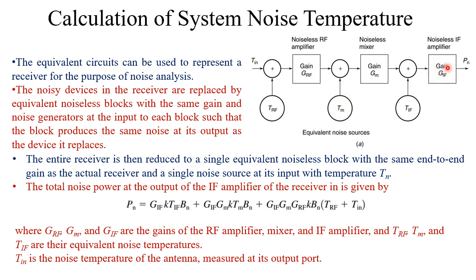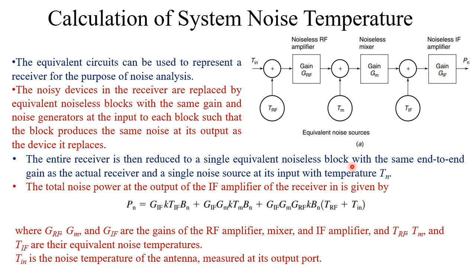For the IF amplifier, its equivalent form is a noiseless IF amplifier with gain GIF along with a noise source TIF. Okay, so in this way we have divided the LNA part, this is the low noise amplifier part, this is the mixer part, and this is the IF part, right?